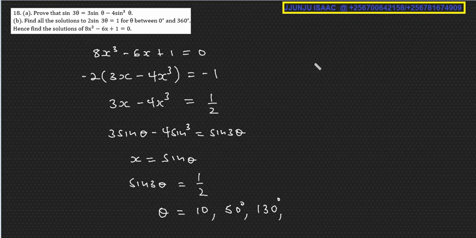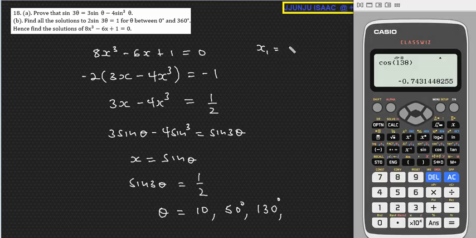So since x is equal to sine theta, x1 will be equal to sine 10, and sine 10 is equal to 0.117.